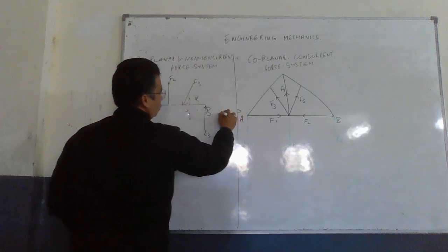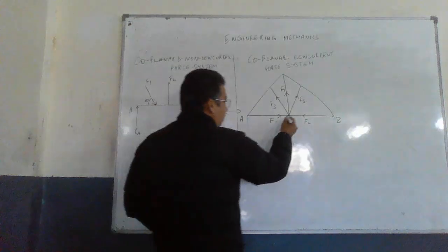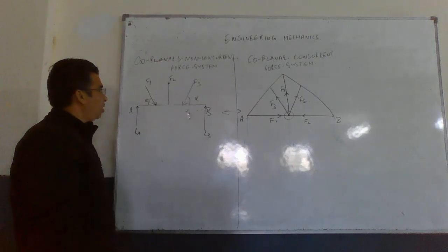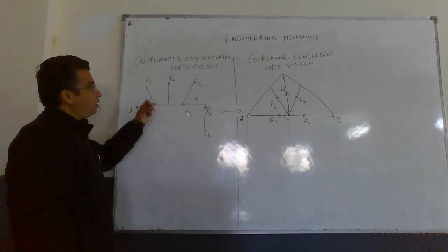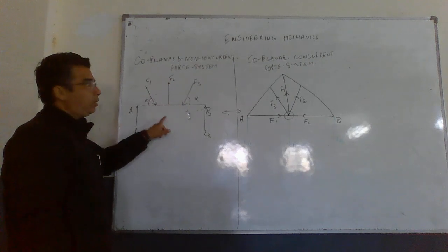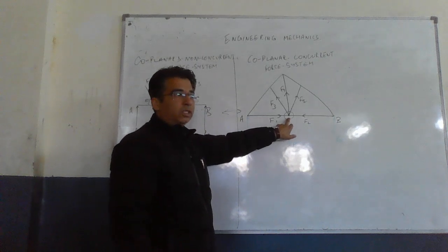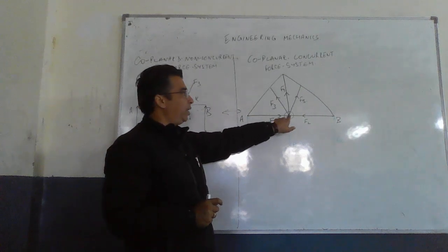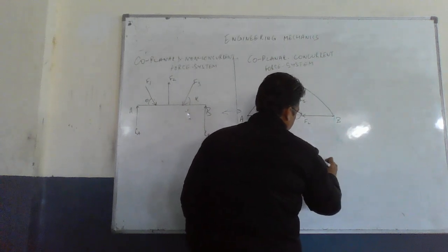अब बच्चा दोनों के अंदर क्या डिफरेंस था? What is the difference between the two types of systems? कौन बताएगा? हाँ गुड़िया बताओ। बेटा वो इक्विलिब्रियम में नहीं है, उसका जो पॉइंट ऑफ एप्लीकेशन है वो यहाँ पे लाई कर रहा है, और यहाँ एक पॉइंट से फोर्स बाहर की तरफ डायरेक्शंस में जा रही है, और यहाँ कोई पर्टिकुलर पॉइंट पे नहीं है, वो कहीं पे आके फोर्स लाई कर रही है। तो जहां फोर्स किसी पॉइंट पे भी आके लाई कर देगी तो उसको हम बोलेंगे नॉन कॉन्करेंट फोर्स सिस्टम। और यहाँ कोप्लेनर कॉन्करेंट फोर्स सिस्टम में सारी फोर्सेस या तो वहां मर्ज कर रही है या वहां से जनरेट हो रही है। सो दिस इज द पॉइंट ऑफ जनरेशन ऑफ द फोर्सेस.